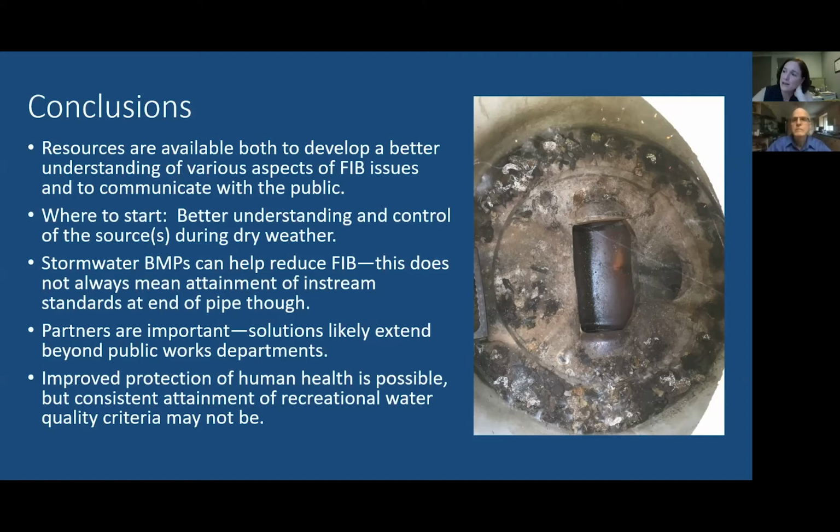I think there is some research going on related to coliphage options, and again, this might be something that Mike and Anita might be better suited to answer. But as of right now, fecal indicator bacteria are what most municipalities are using. If you have resources to get into quantitative microbial risk assessment, then there might be some other options.